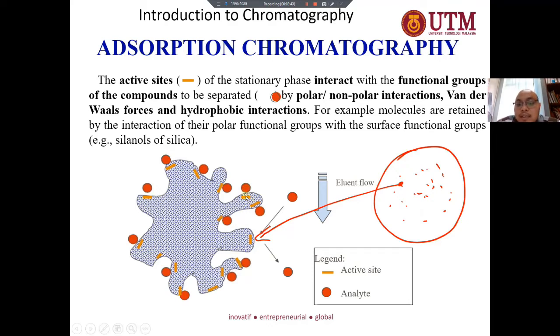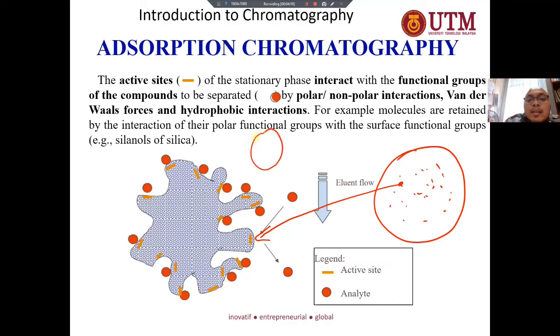If the active site is non-polar, then the non-polar analyte will interact the most. The polar analyte will have less interaction with the active site, so it will elute earlier. So this is the situation.